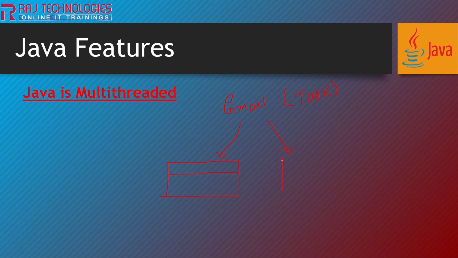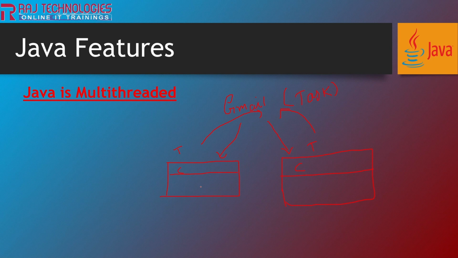Multiple. New messages, we can go for new messages. So this is one compose window. This is one more compose window, new message. Every compose window we open in Gmail, these are our threads here. So threads are part of one task. Since in Gmail we are able to open multiple threads, that's the reason Gmail is multi-threaded.